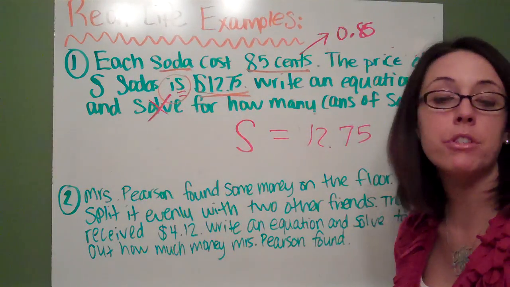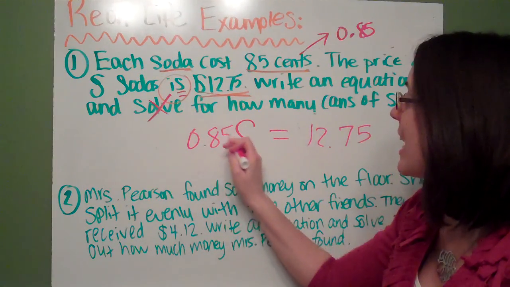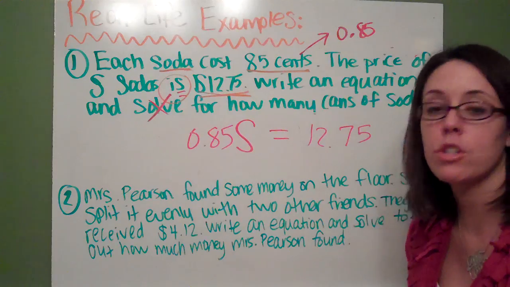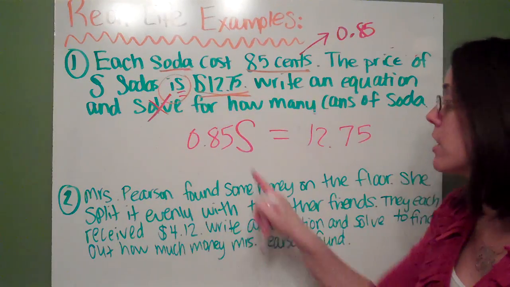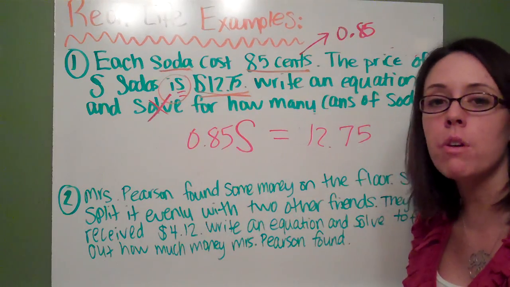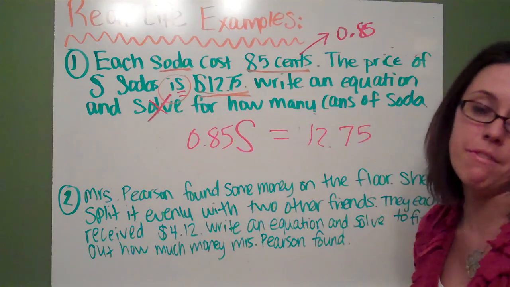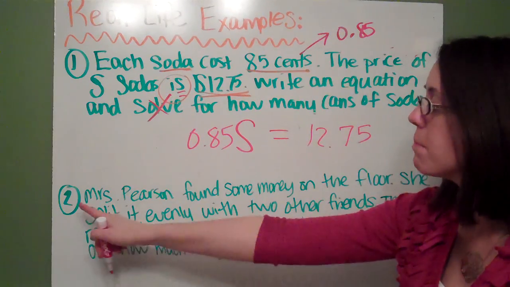Well, something about your sodas. Well, your sodas are 85 cents each, or 85 cents per soda. Each and per tell us to use the operation of multiplication. So to solve for how many sodas cost $12.75, we would divide by 0.85 on both sides.